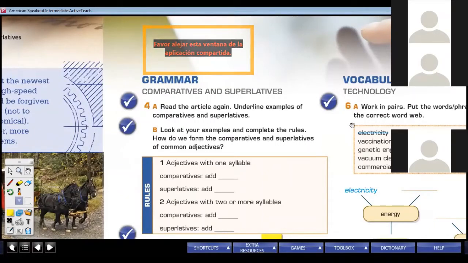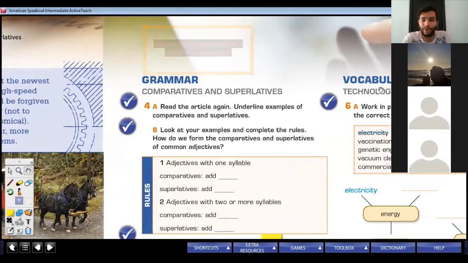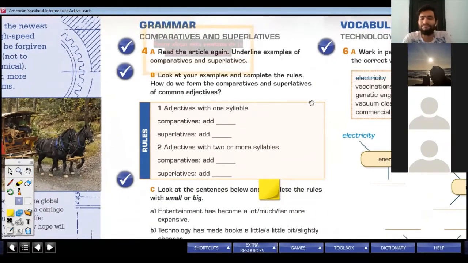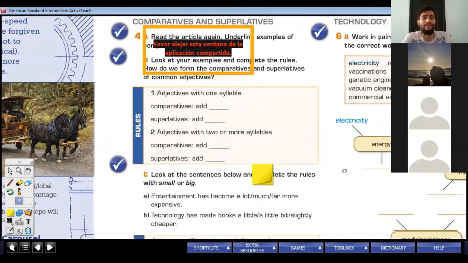But before going on to the grammar itself, let's review the grammar rules, right? I know you know them because you told me that you were so perfect, excellent on comparative and superlative. So let's see how excellent you actually are.